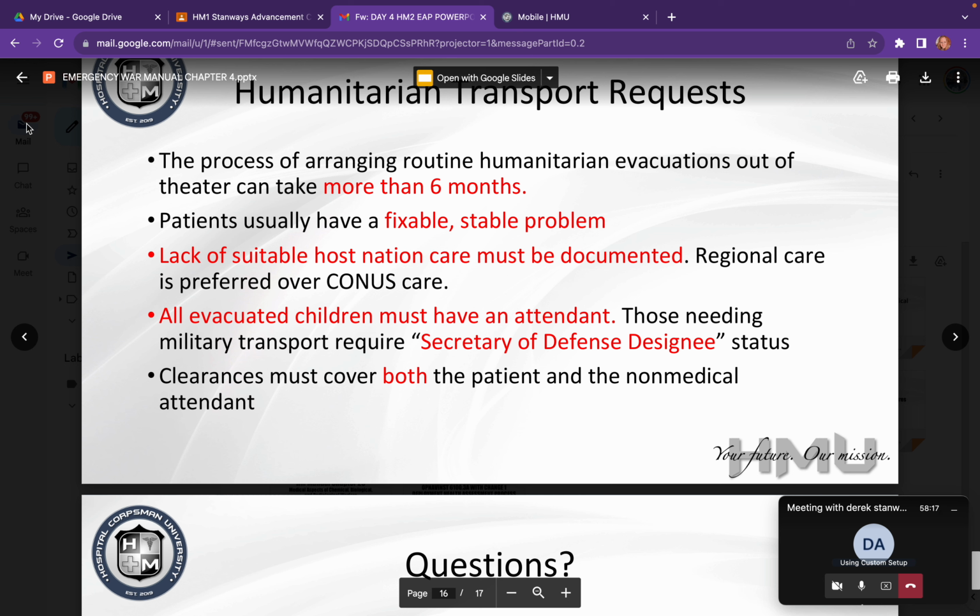Does the attendant have to be someone from their host nation, or is it like a mom or dad? I think it's situational dependent. Yes. And the acronym for CCAT again? Critical care air transport team. I have a question. On the CCAT, so that's not the original team, that's a more advanced team? Yes.